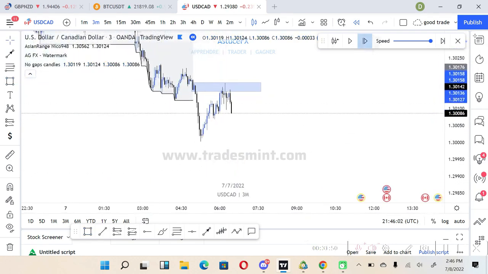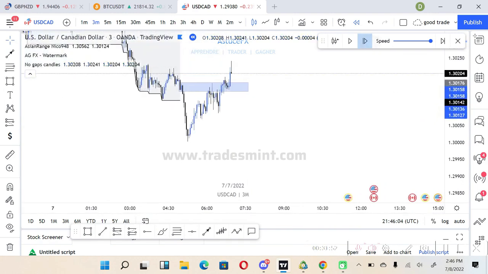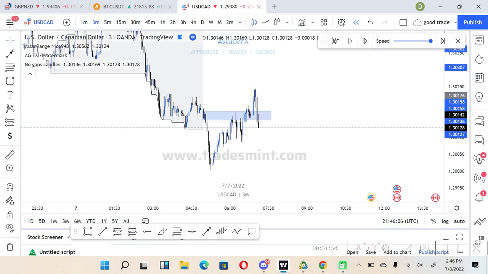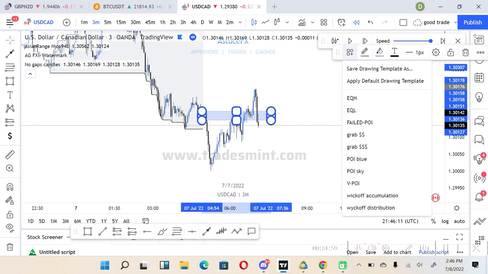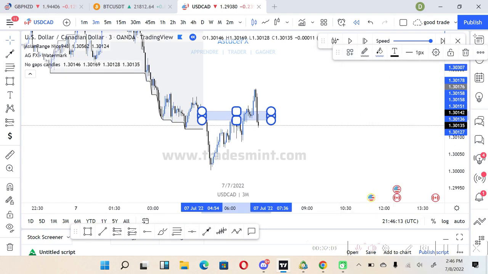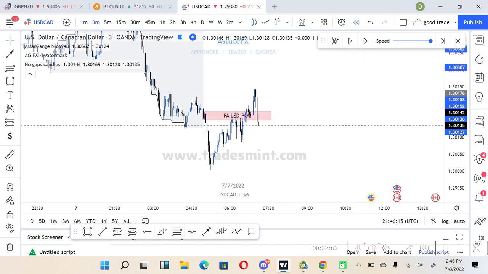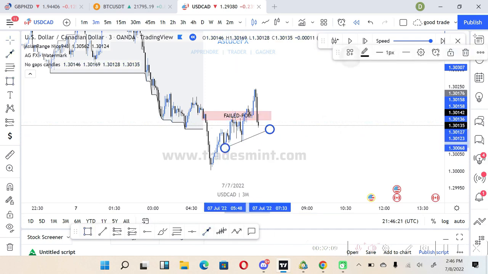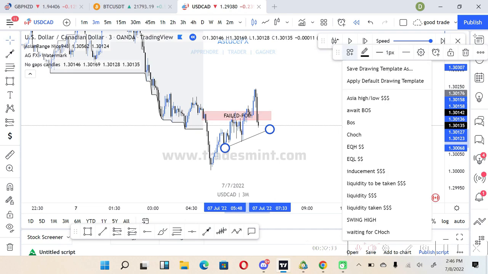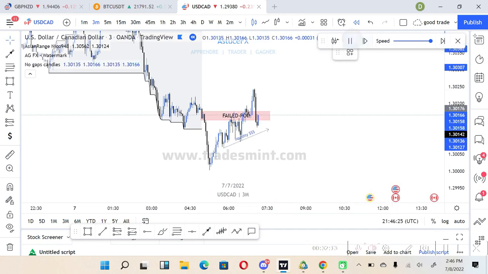Let's see what happened. We can clearly see that we did break all this Asia high, and this supply zone is now a failed POI. Not only this, we can see some sort of trend line liquidity from this area. We have two touches, and maybe we'll have a third touch soon. Let's see.